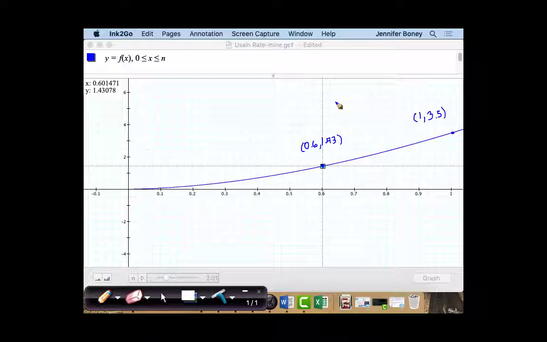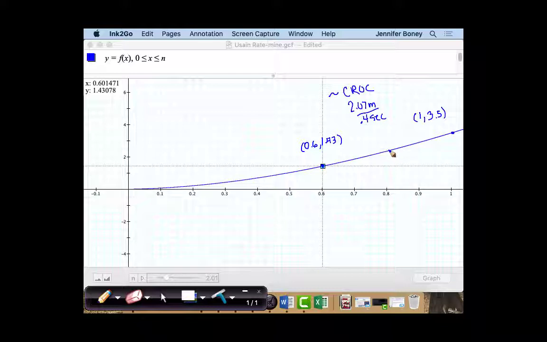I said, well, maybe he was running during that 0.4 of a second at approximately a constant rate of change, a constant speed of, let's see, well, 3.5 minus 1.43 sounds like about 2.07 meters that he ran in 0.4 seconds. So this would be an average rate of change computation that I'm doing, but this average rate of change is very close to an actual constant rate of change during the interval, because this is very close to, as you can see, just looking the same all across.